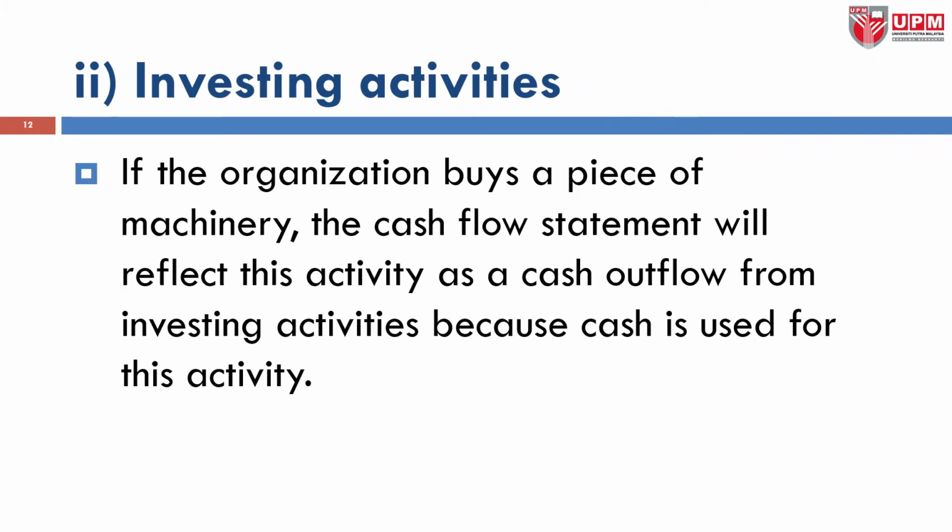If the organization buys a piece of machinery, the cash flow statement will reflect this activity as a cash outflow from investing activities because cash is used for this activity.